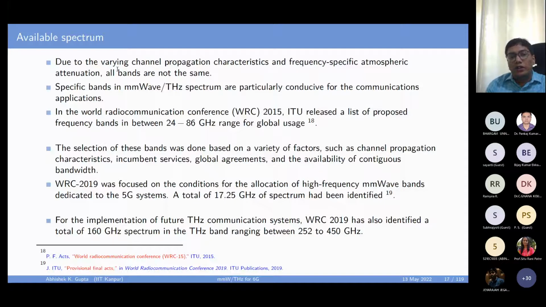The World Radiocommunication Conference (WRC) generally decides or proposes a list of frequency bands. In 2015 they talked about the frequency band 24 to 86 gigahertz, and then some other bands were added in 2019. They also identified a continuous 160 gigahertz band and a 250 to 450 gigahertz band in terahertz.